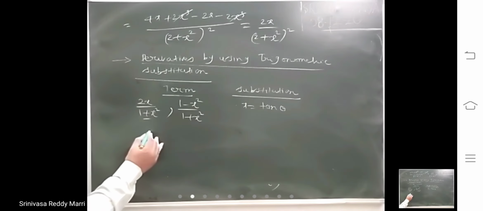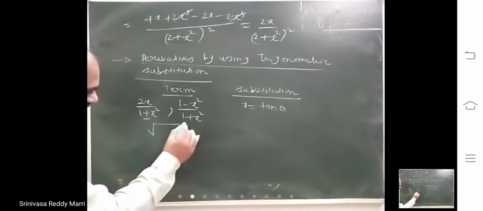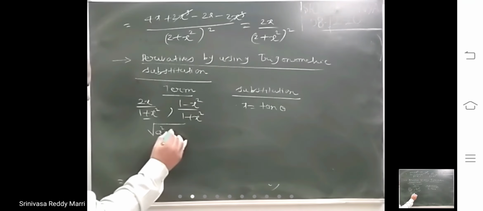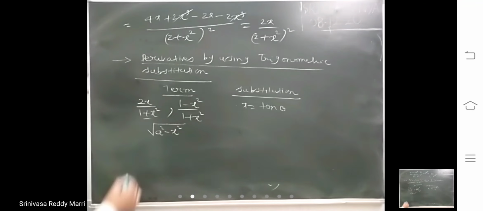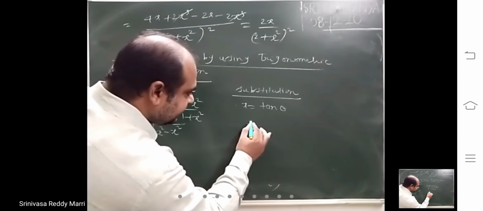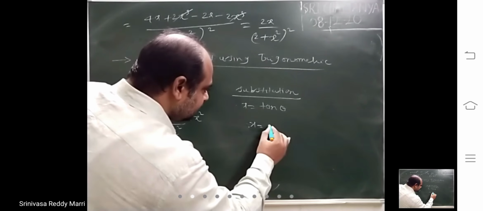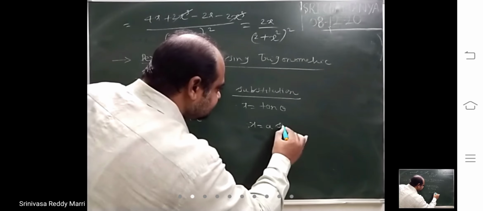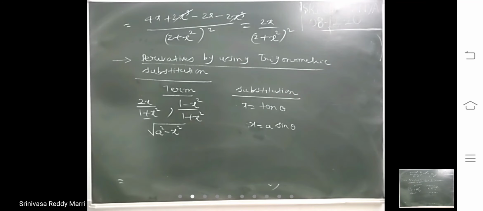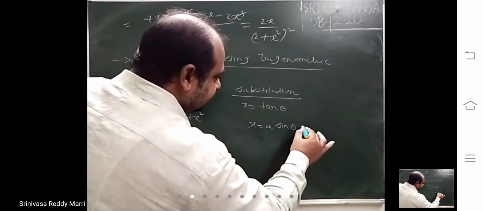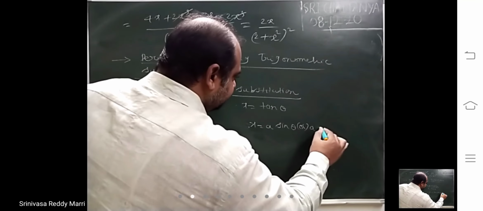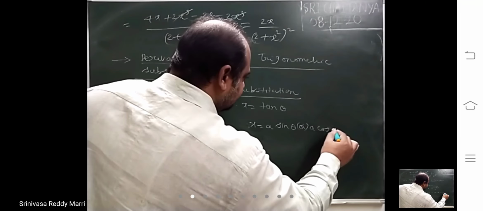Suppose the terms are like this: root of a square minus x square. Then we will take the substitution x equal to a sin theta, or your choice, sin or cos, anything you can take: a cos theta.